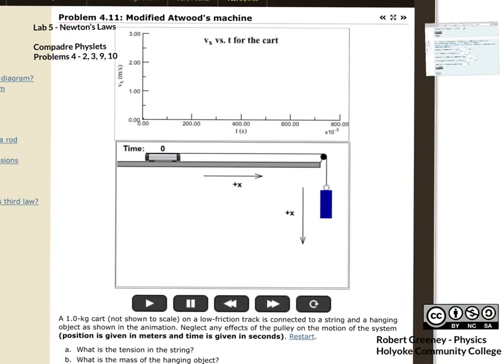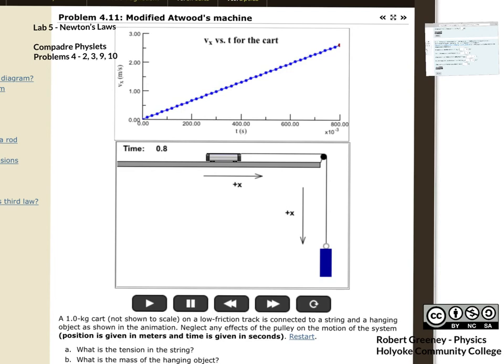Let's just play it and see. Yeah, it starts at 0. The velocity changes consistently in time, and so it should be very easy to get the acceleration. And from the fact it's a straight line, you can say the acceleration is constant. The slope of the line is constant. Delta V over delta T.